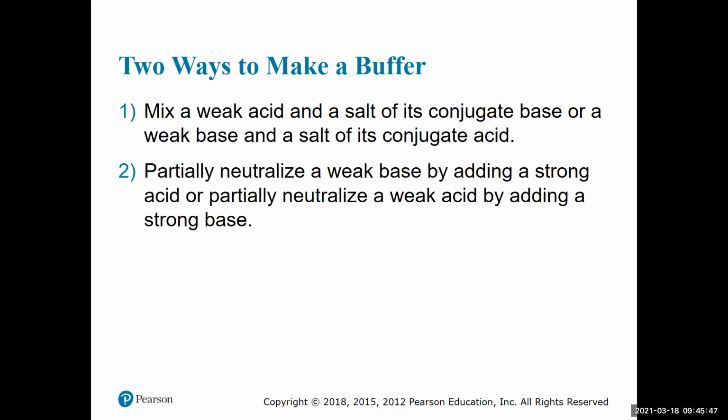The other way you can do it is you could take a strong acid or a strong base, depending upon where you're at, and you can neutralize something. It's done both ways. I'll just leave it at that.